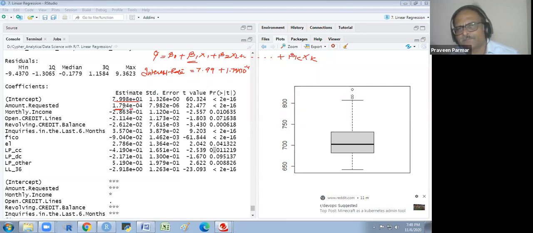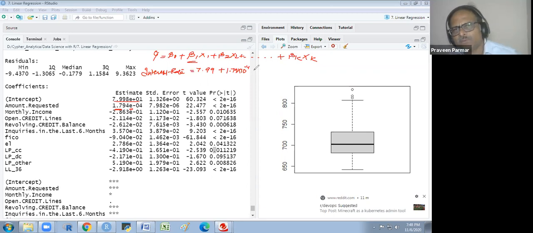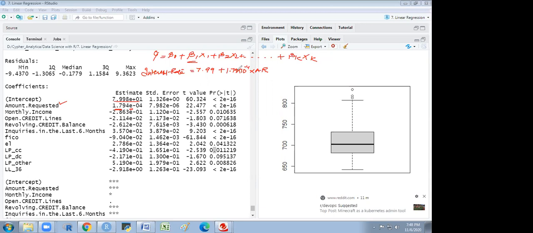It is multiplied by amount requested, AR, I am writing here. Whatever the amount requested value you feed, that will multiply with this coefficient, then it will add to this equation.